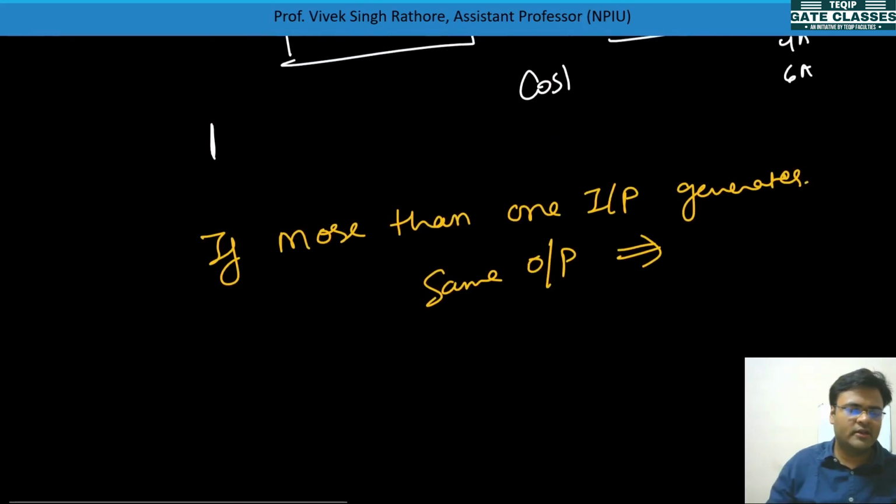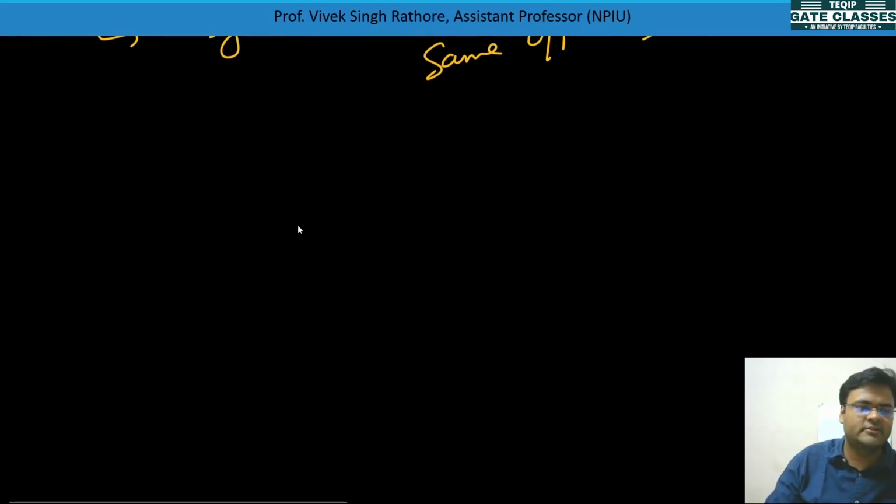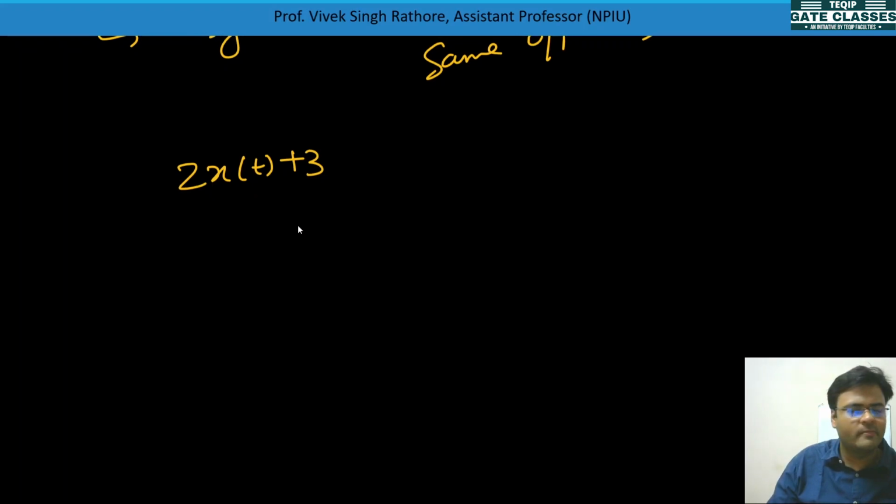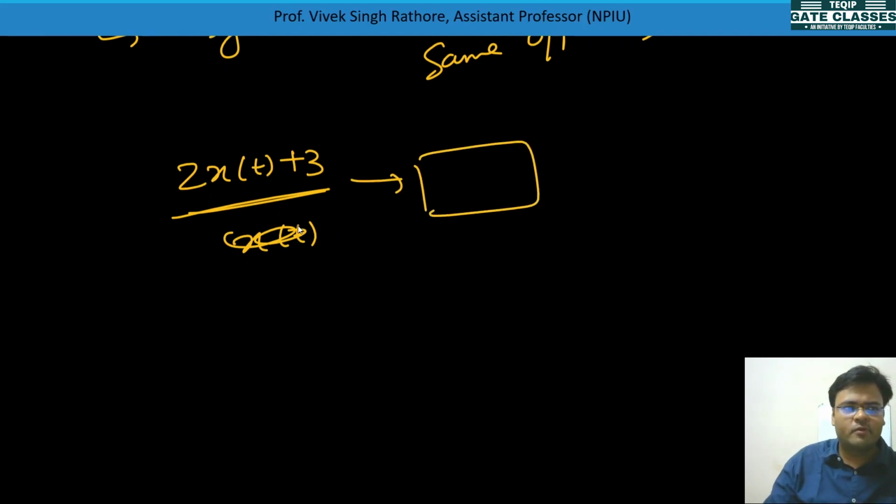And one more condition is that whenever a system response becomes zero for a non-zero input, like see, 2x(t) plus 3 was there. Let's suppose x(t) is the input, a DC value plus a scaled signal, and we give this as input to a differentiator. So for 2x(t) plus 3, what will be the output?